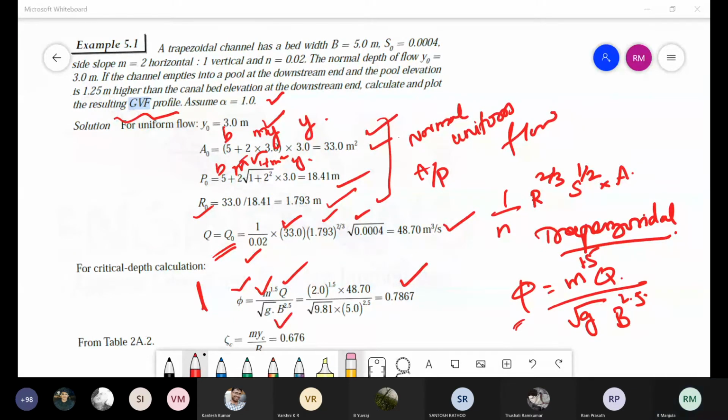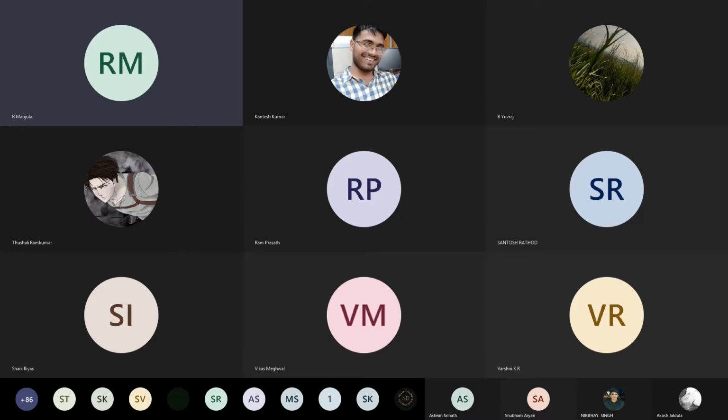I'll show you the table. You can see the table here.